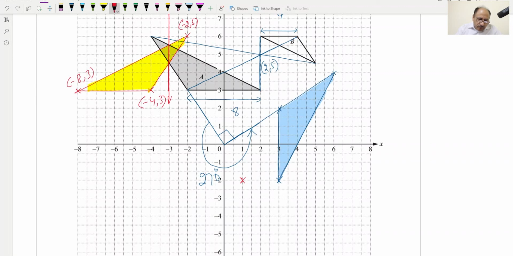And the second point, 1 2 3 4 units, so 1 2 3 and 4 units will reach over here, and this one.